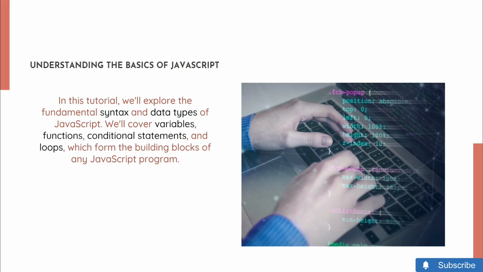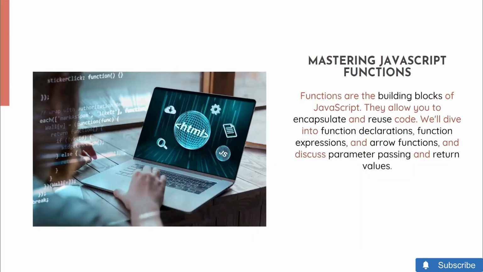So the variables, different kinds of functions, conditional statements and loops will give you a basic idea about how to work with JavaScript programming. These are mainly the building blocks of JavaScript programming.